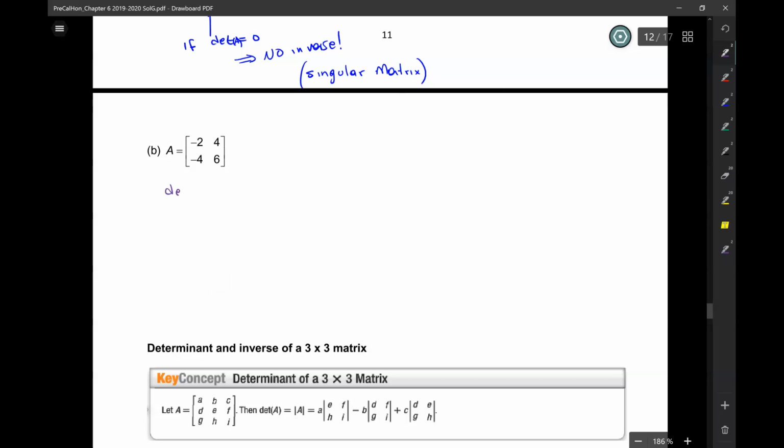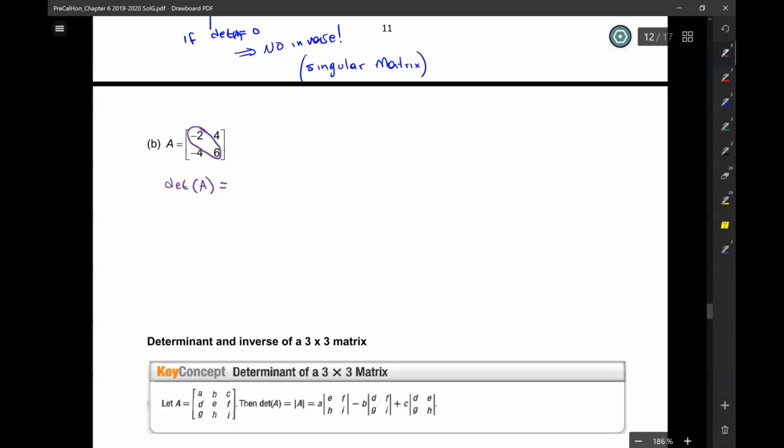Okay, first let's find the determinant of A. It's that diagonal, negative 12, minus the other diagonal, negative 16. And that's 4.